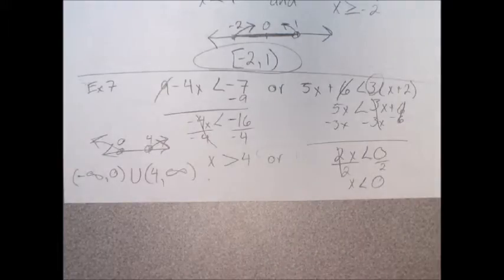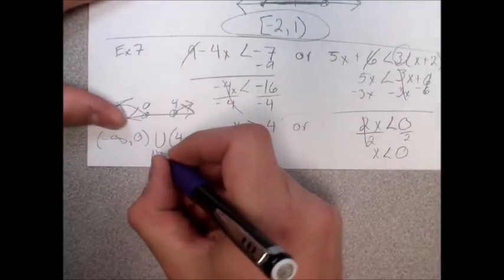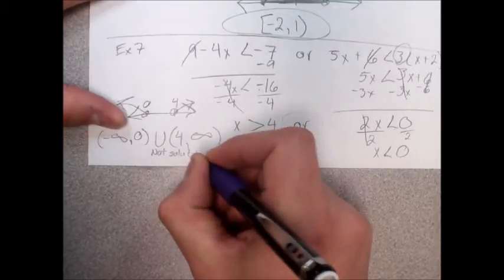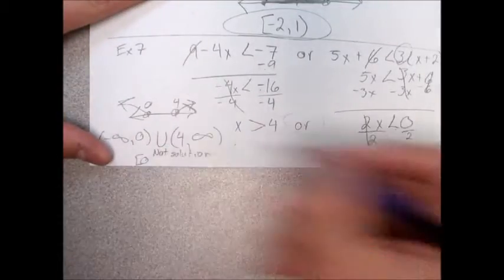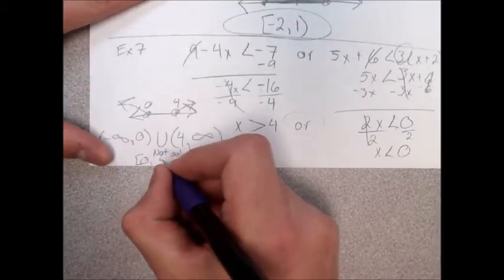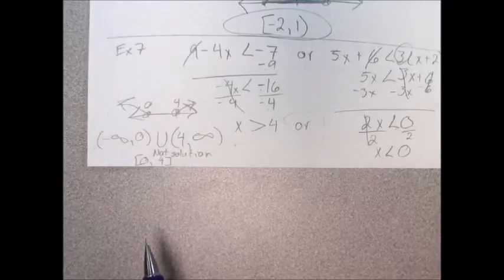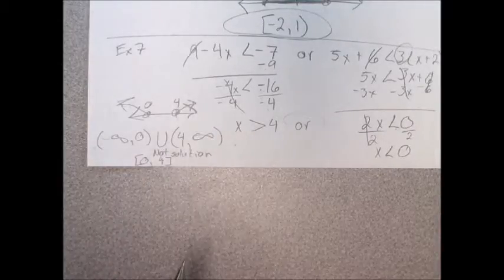There is no overlap. That means that the only thing that's not an answer, so let me write how this is not a solution, would look like this. From 0, inclusive, right, all the way to 4, inclusive. Those are not solutions. It may not ask you for that, but I want you to look at how that translates.